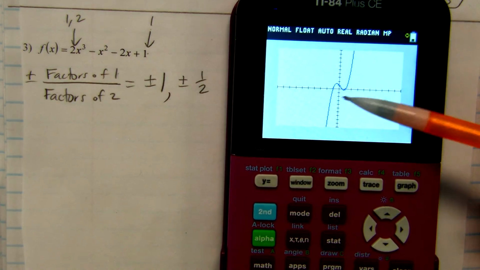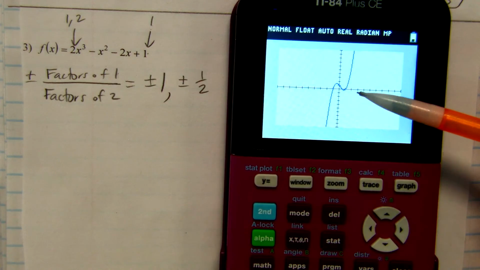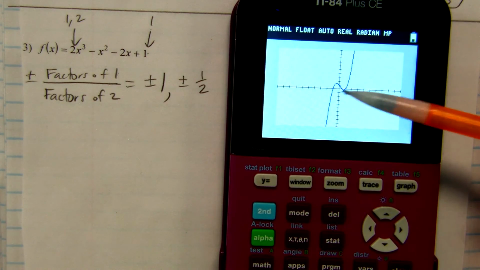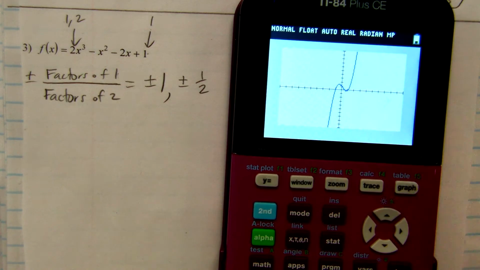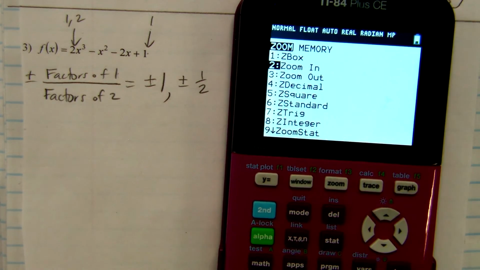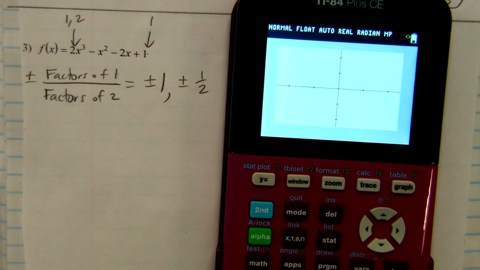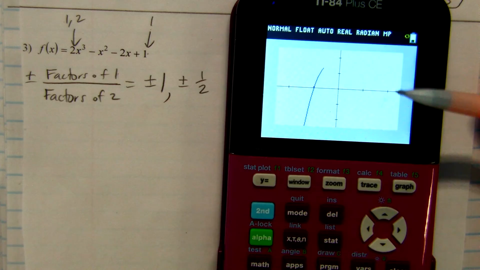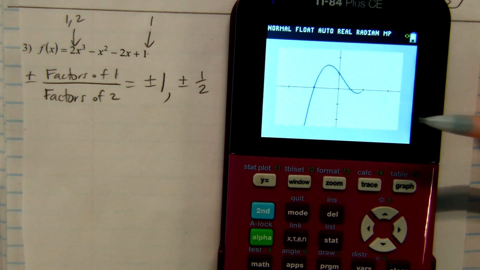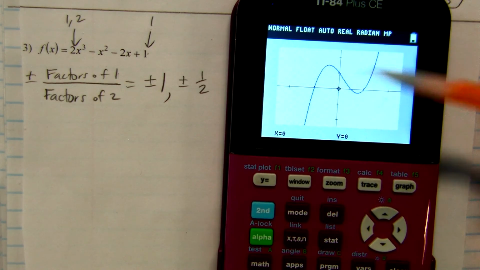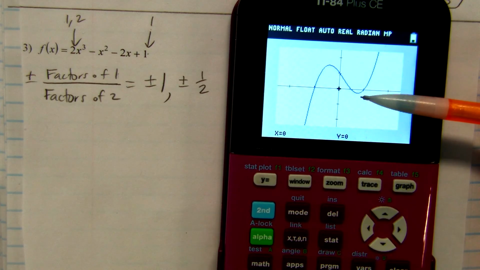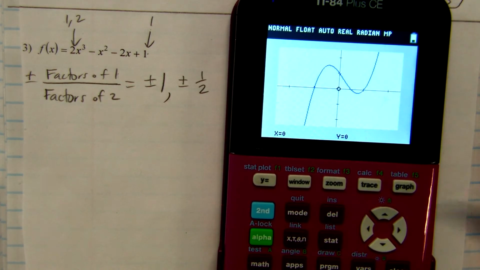It looks to me like I have 3 real roots because it's crossing the x-axis in 3 places. If you want to zoom in to see it a little bit better, we could zoom in on the origin, and that'll give us a clearer picture of where things are at. It looks to me like -1's going to work, and like +1's probably going to work, and probably +1/2.